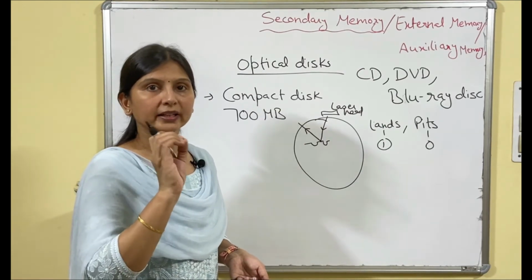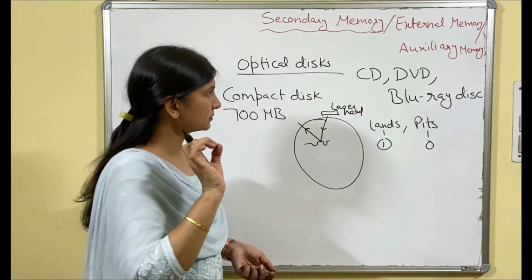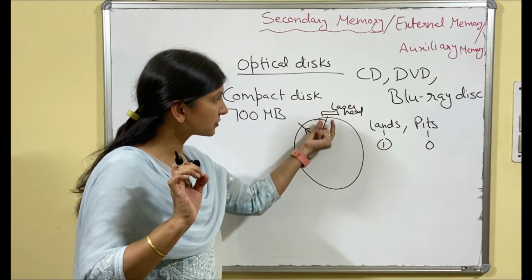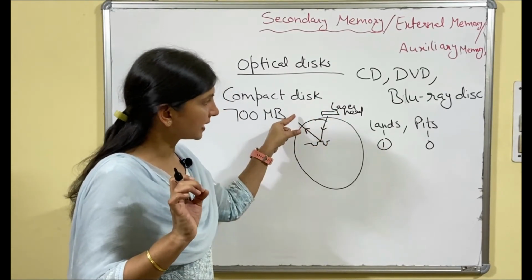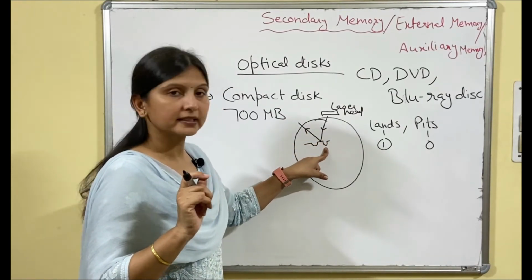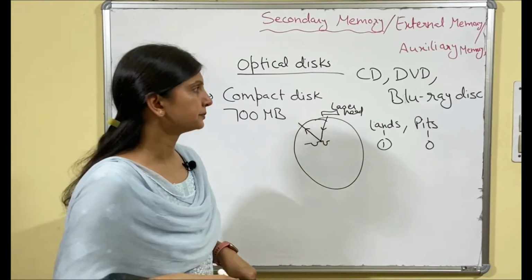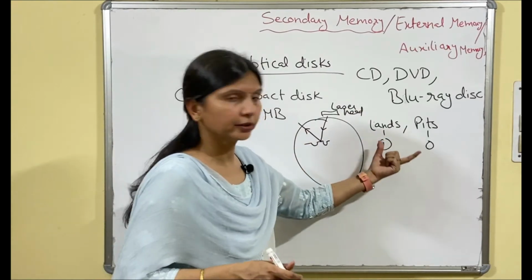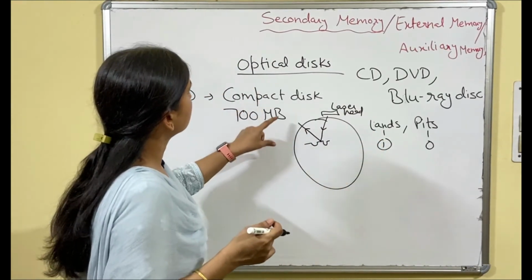So on that drive, there is a laser head which emits the light. From the land, light is reflected, so it shows here it is 1, and if light doesn't reflect back, it means here it is 0. This is just for your information. It's not given in your book. Now I think it is clear.